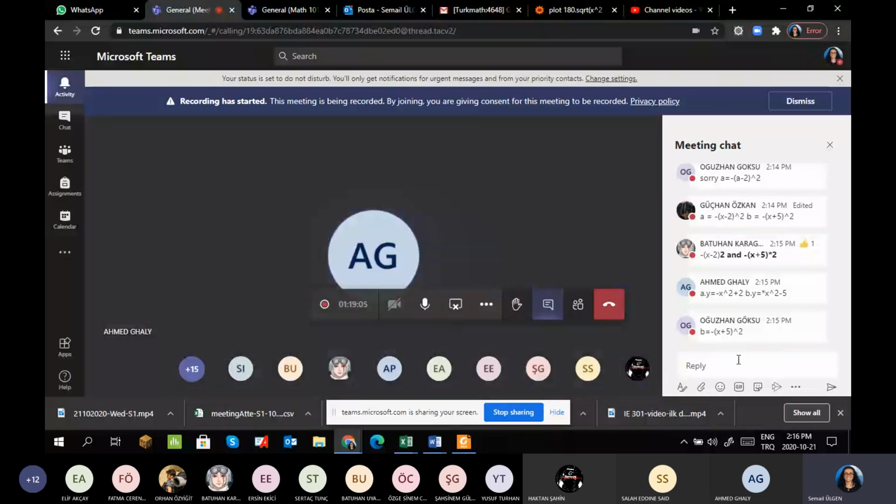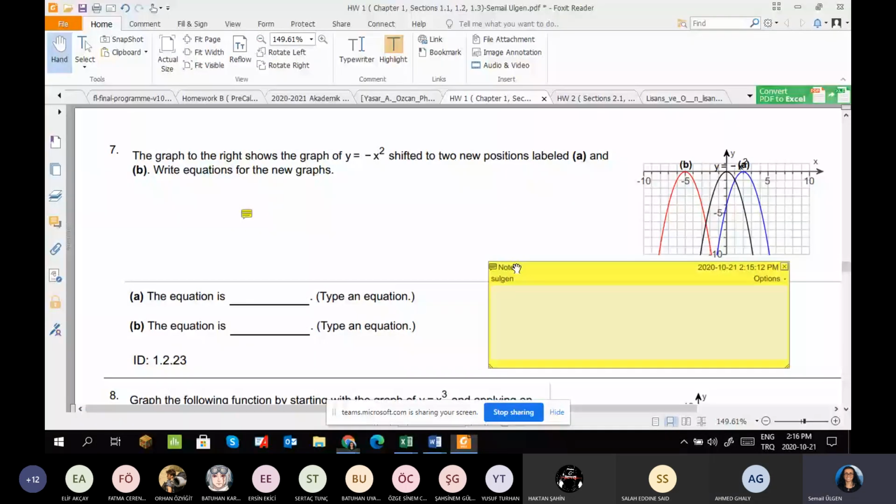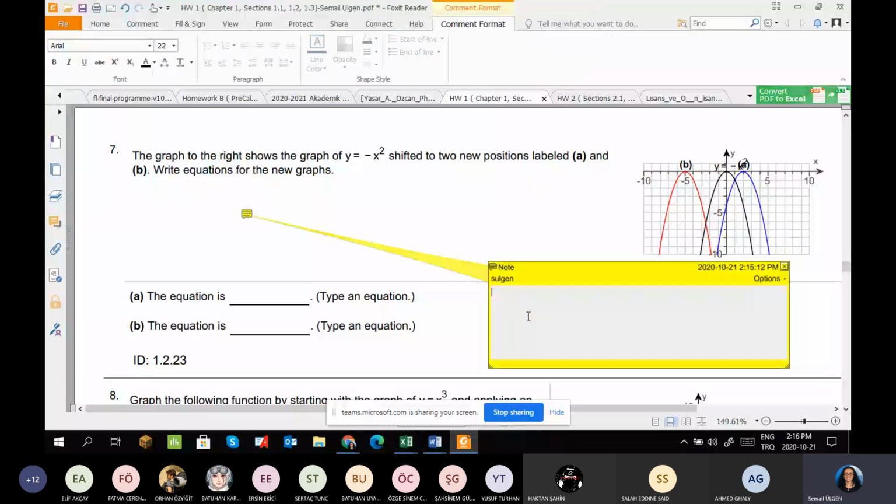Oğuzhan got it right. Okay, so let me copy paste Batuhan's. Copy, and then I'm going to go ahead and write it here. So what is A?